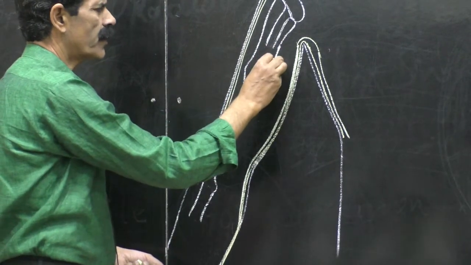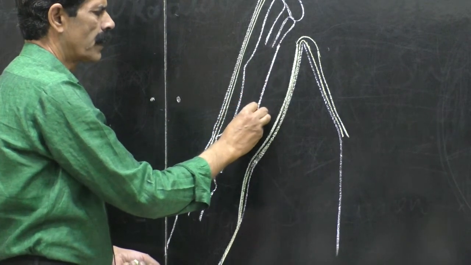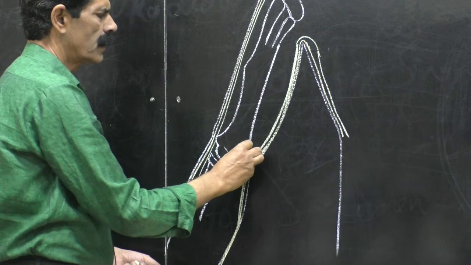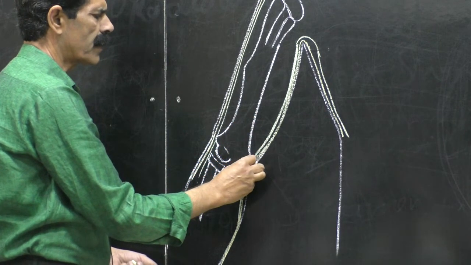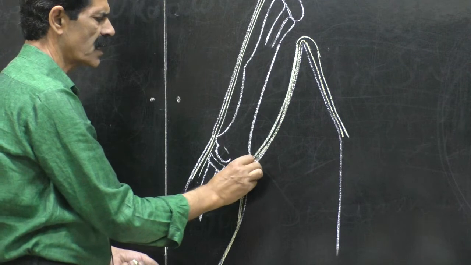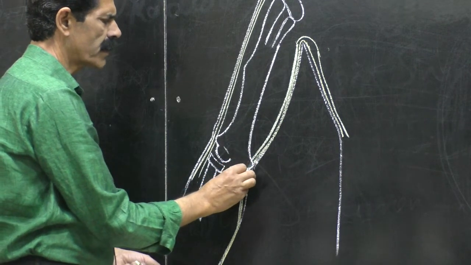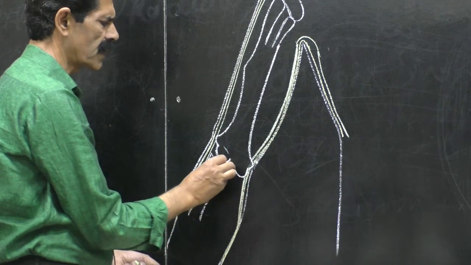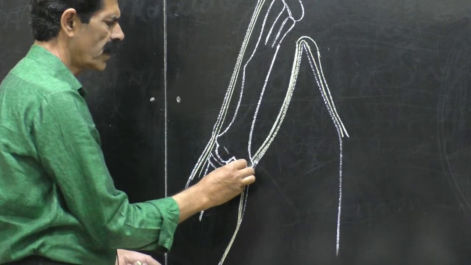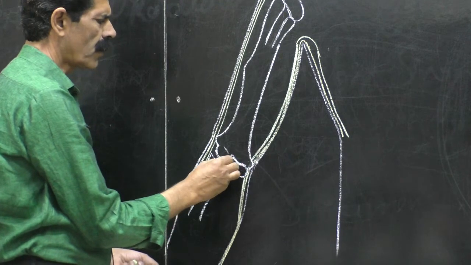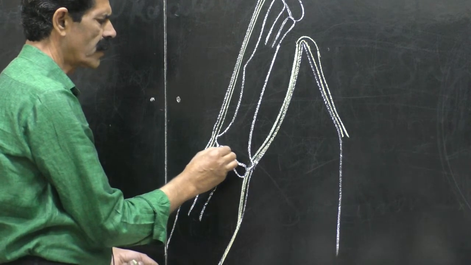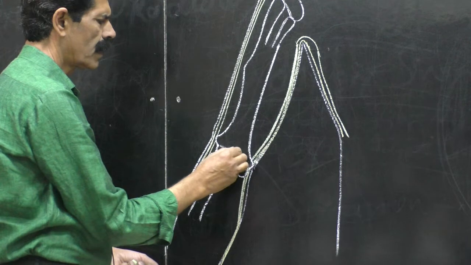This is the medial border of the humerus coming downward. Just above is the medial epicondyle, which is very near to the skin. And the medial condyle below is converted into a trochlea, a pulley-like structure, for the trochlear notch of the ulna.